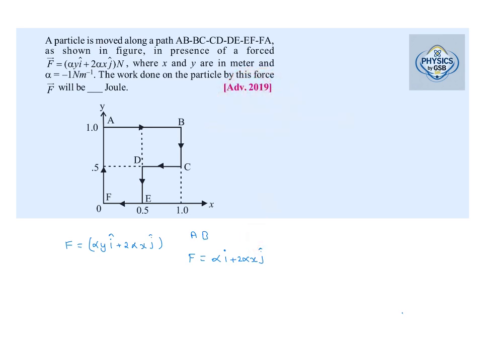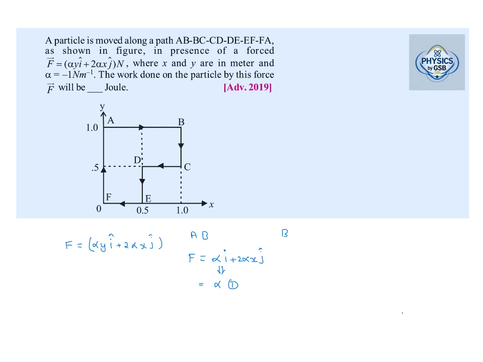So only alpha i cap will be responsible for doing work. And now what will be the work? Alpha is the force acting towards plus x direction and displacement is 1 unit. So work in this case will be equal to alpha.